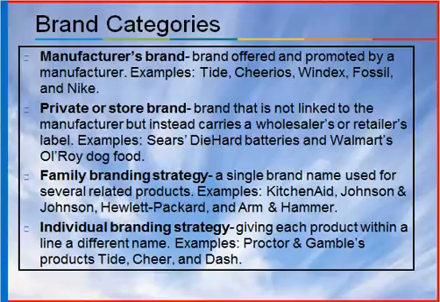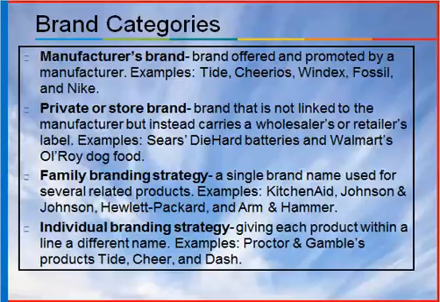A manufacturer's brand is a brand offered and promoted by the manufacturer. Examples are Tide, Cheerios, Windex, Fossil, and Nike. A private or store brand is a brand that's not linked to the manufacturer, but instead carries a wholesaler or retailer's label. An example would be Sears DieHard batteries and Walmart's Ol' Roy dog food.